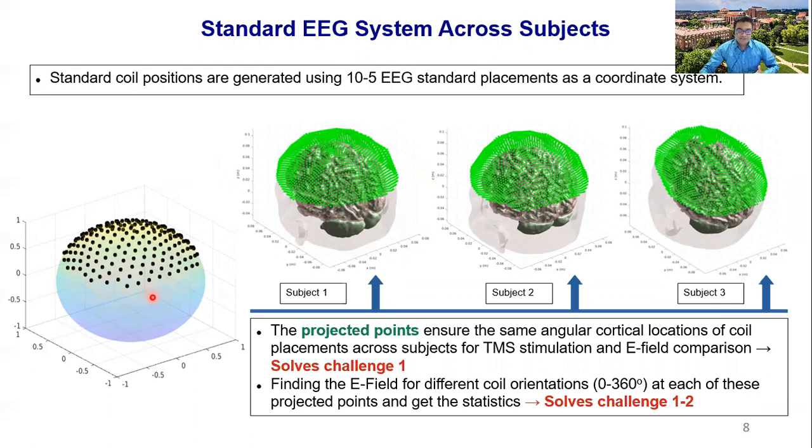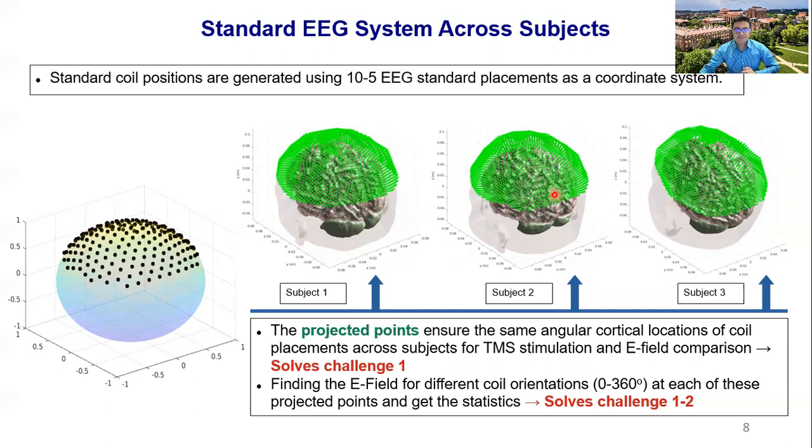Anyway, the way we solved it is that we sampled standard EEG coordinates from the unit sphere, and we projected them onto the scalp of each of the subjects. The projected points ensure the same angular cortical locations across the subjects.